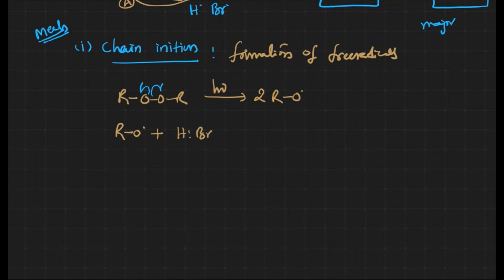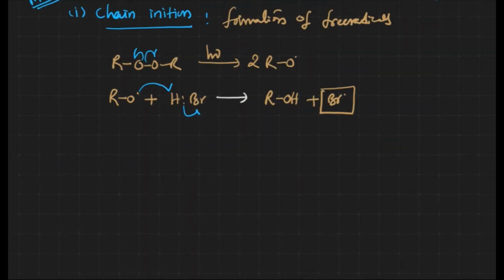This free radical attacks the hydrogen, and bromine comes out as a bromine radical. ROH plus Br dot. This is the bromine radical generated in the first step. First step is chain initiation. Second step is chain propagation.